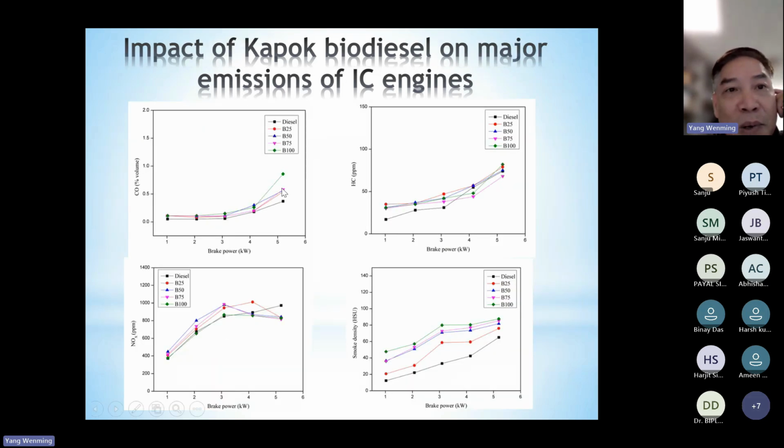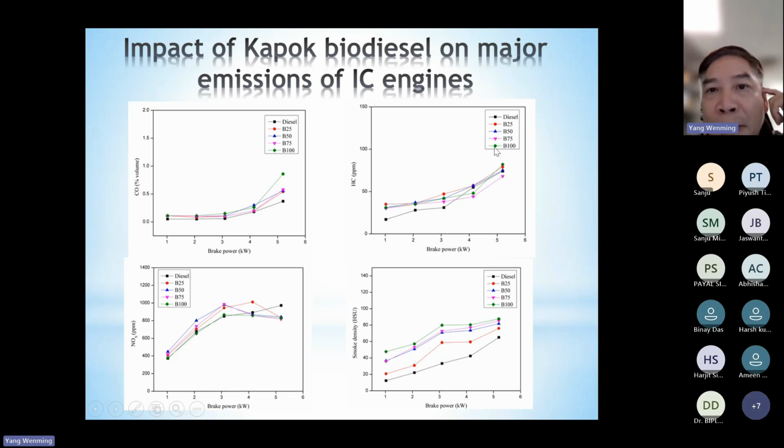And again, this one is its impact on the major emissions of IC engines. For example, CO emissions will basically be higher, and HC emissions are also generally higher than diesel fuel. NOx emission is also a little bit higher than the diesel fuel, and smoke density is also higher.